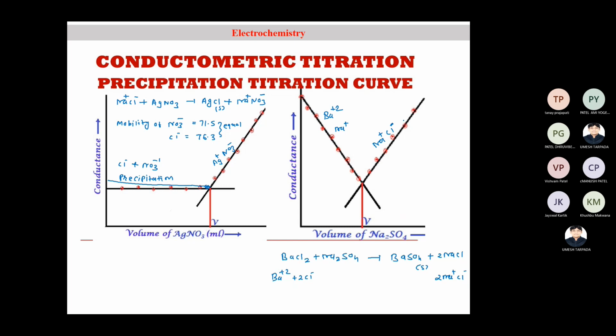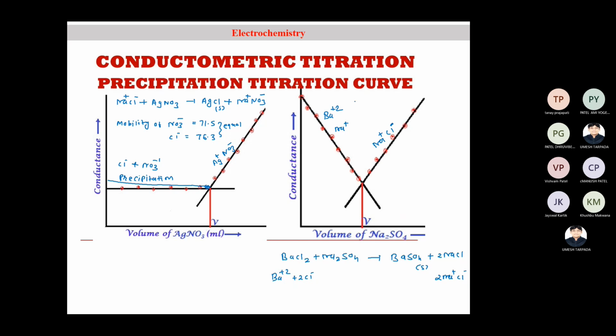In short, see here, Ba2+ is highly mobile and Na+ is less mobile, and therefore a highly mobile ion is replaced by low mobility ions, and therefore it decreases. We have already checked it for Cl- ions and for Na+. Here Ba2+ has the highest mobility compared to Na+.